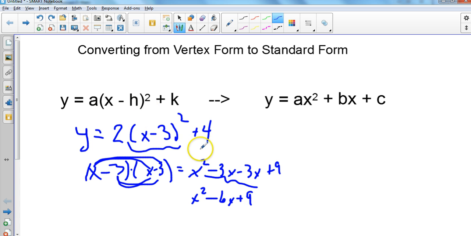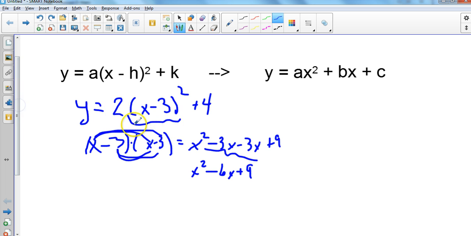Okay, so all that did was take that x minus 3 squared, and it is now written in standard form. But we still have 2 times that, right? This quantity is this x minus 3 squared. So we still have the 2 times it, and we have to add 4 still to the end of this. So now we're just doubling every term in this quantity here, except for the 4, because we're not doubling that.